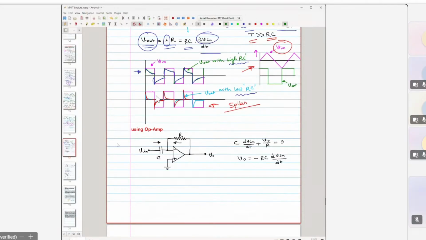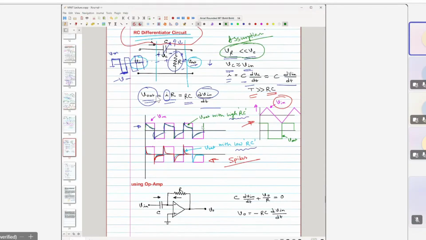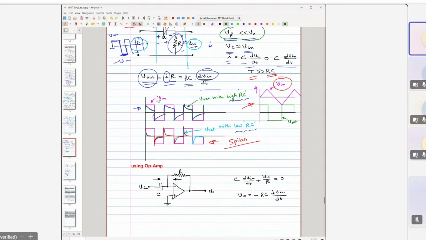You can see the same configuration of R and C we have used, but the only addition is that we have used an op-amp as well. This op-amp has been connected in which mode?